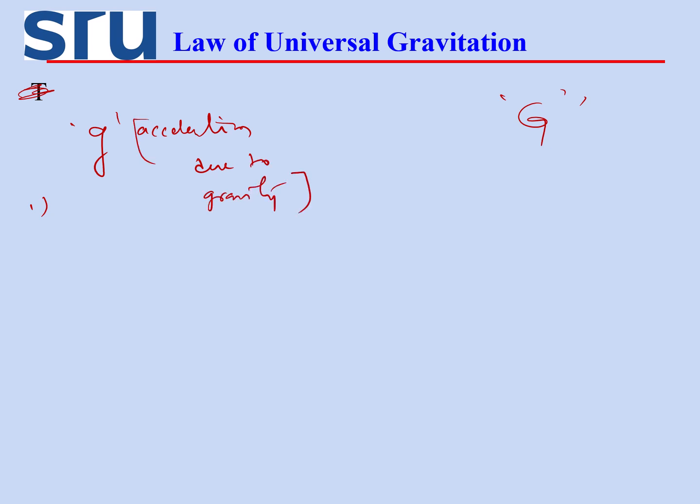Now we see differences. What are the main differences between small g and capital G? Small g is acceleration due to gravity, and capital G is called the universal gravitational constant.